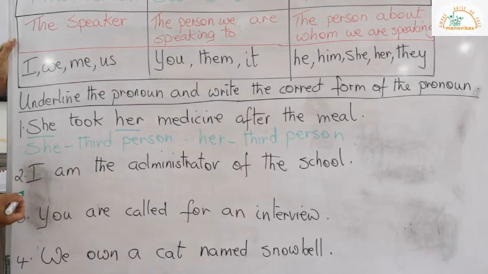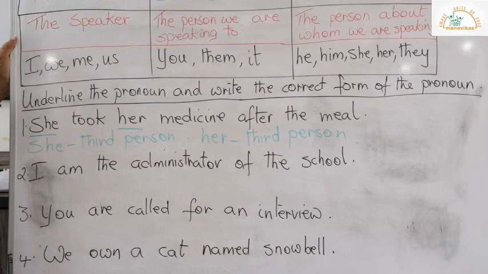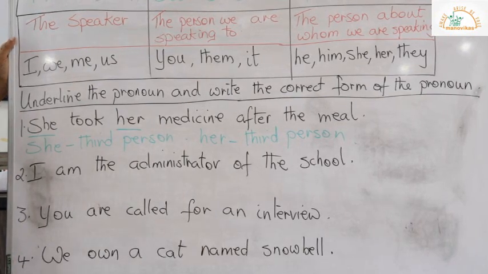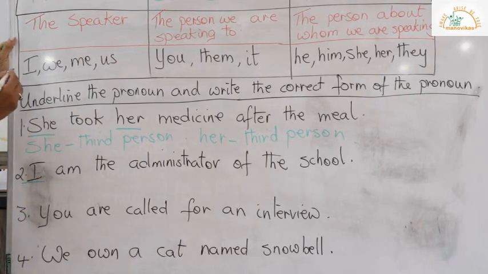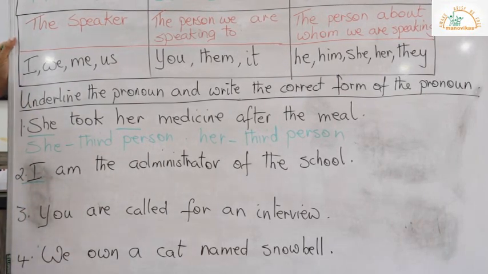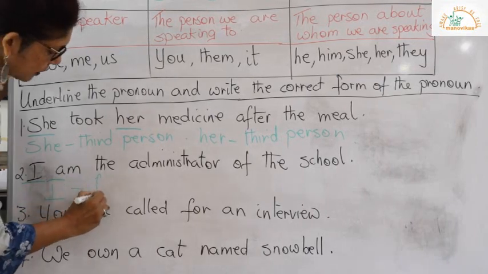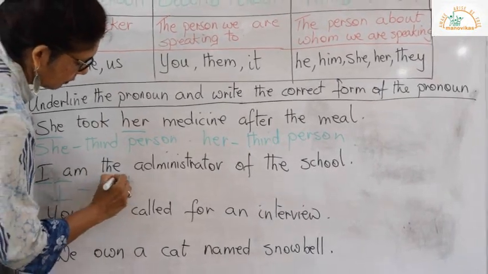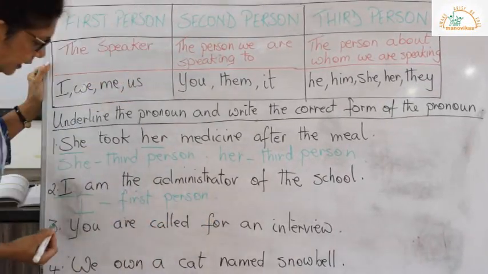Let's look at the next sentence. I am the administrator of the school. So which is the pronoun here? I. And where is I? In the first person. You are the speaker. Next one.